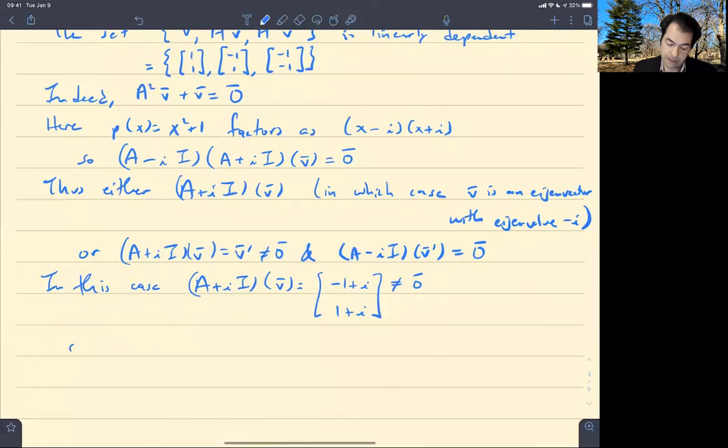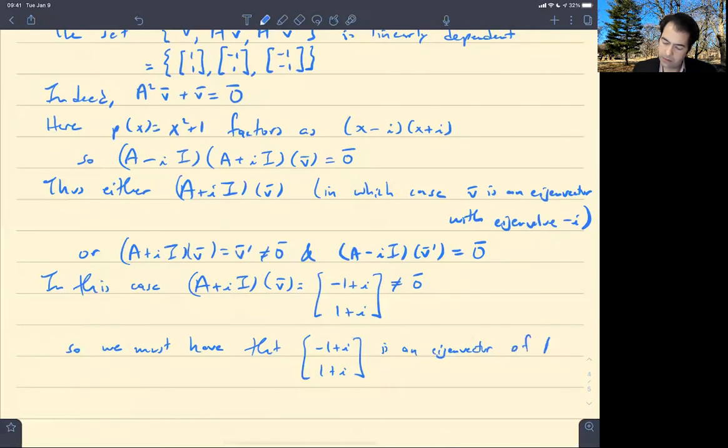So it must be that this vector, (minus 1 plus i, 1 plus i), is an eigenvector of A with eigenvalue i.